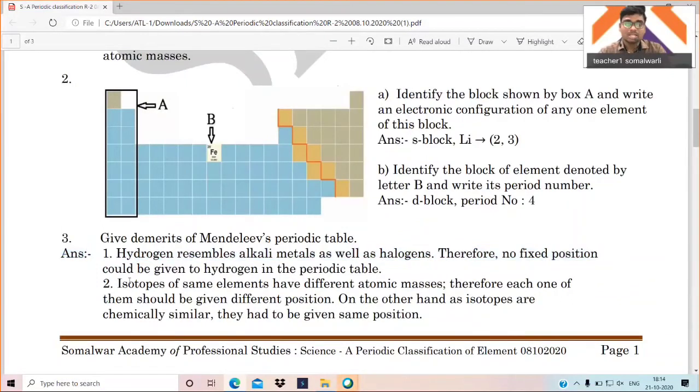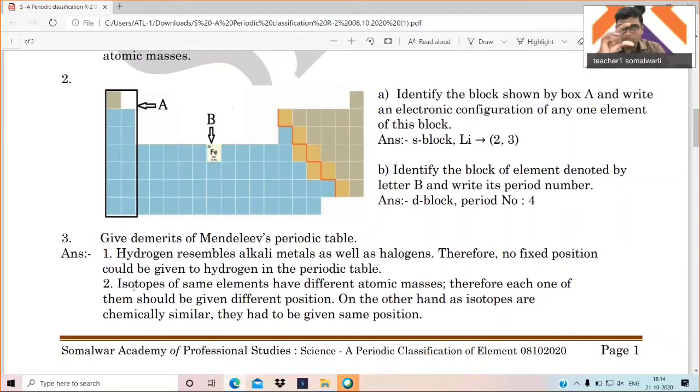Yes, the isotopes of an element have different masses, and he arranged the elements according to increasing order of their atomic masses. So isotopes could be placed at different positions. As he said, I am arranging the elements according to increasing order of their atomic masses, so there must be 2 carbons, because carbon-14 and carbon-12 have different masses.